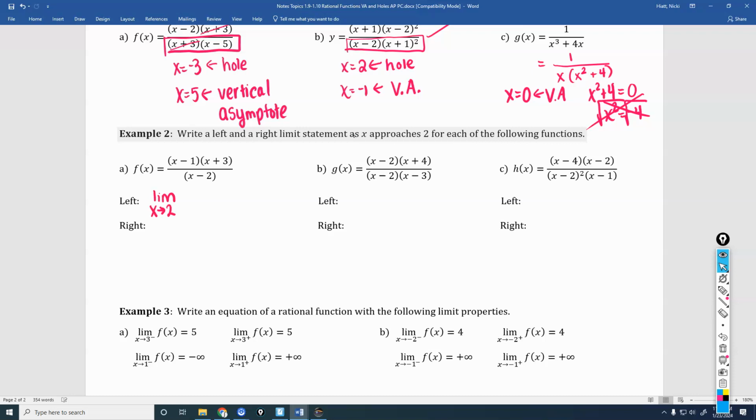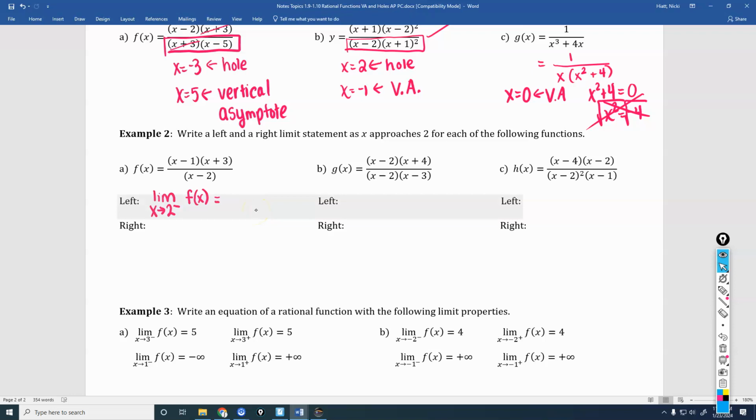And from the left, I would put a little minus behind that 2. That tells me I'm approaching that vertical line x equals 2 from the left side. And then you always want to put f of x right here, or whatever the function is named. On the next one it's going to be g of x, on this one it will be h of x here. And then we're going to put an equal sign. So that's what our limit notation is going to look like.